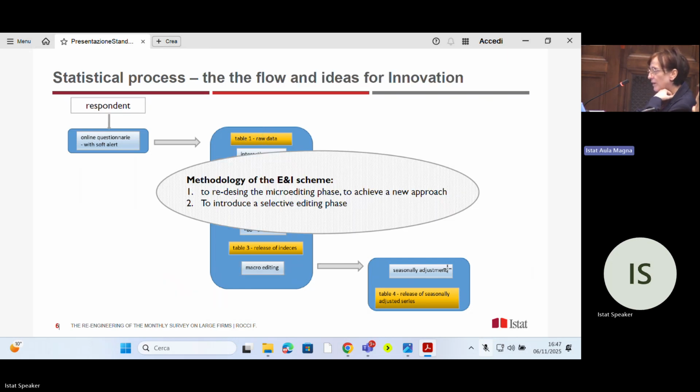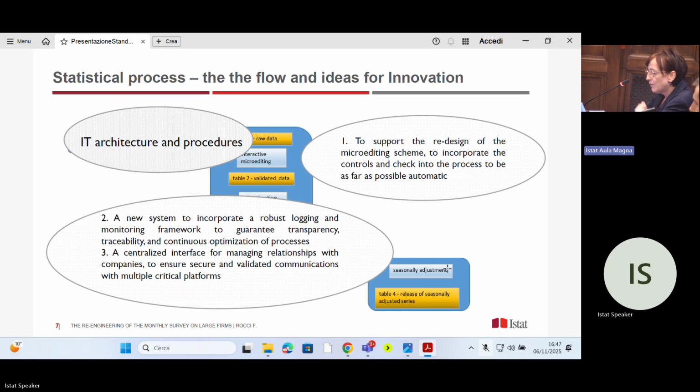So from the methodological point of view, the core of the redesign was to redesign the macro editing phase, to achieve a new approach and to introduce a selective editing phase. From the architecture and project point of view, obviously, the first point was to support the redesign of the micro-editing scheme, to incorporate the controls and checks into the process to be as automatic as possible.